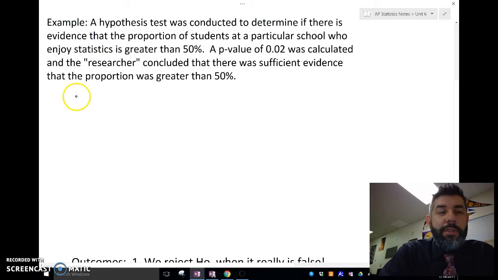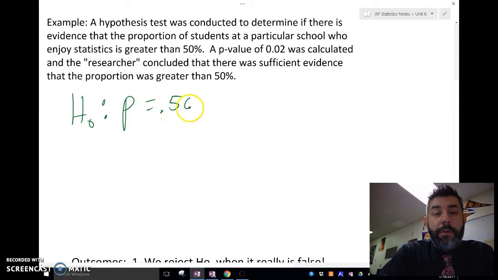All right, let me quickly write my hypotheses. My null hypothesis is p equals 0.50, and my alternative hypothesis is p is greater than 0.50.